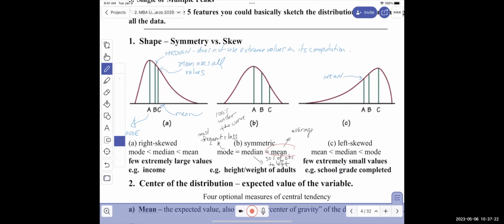C is the modal class. I keep on saying it, but I'm not writing it. So this is the modal class, and this one is the mean. All right. So in the picture in the middle, if it's symmetric, A, B, and C should be basically the same, right?